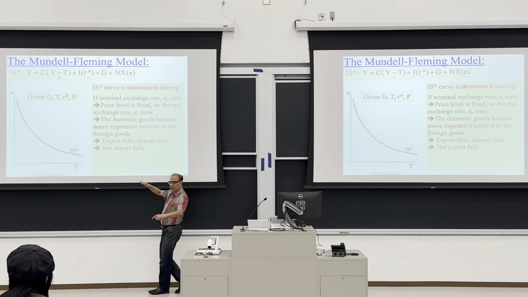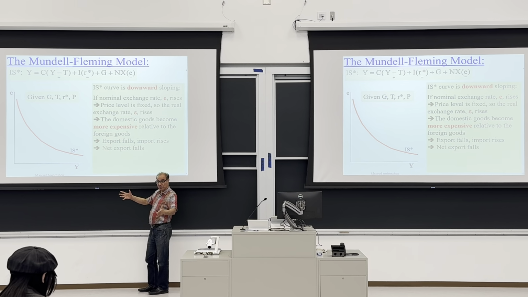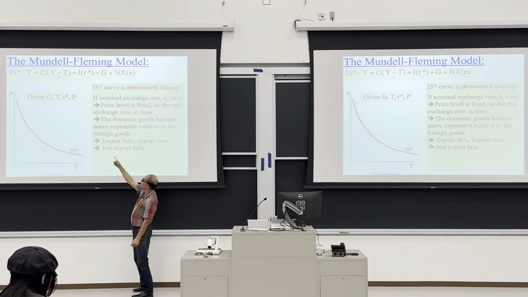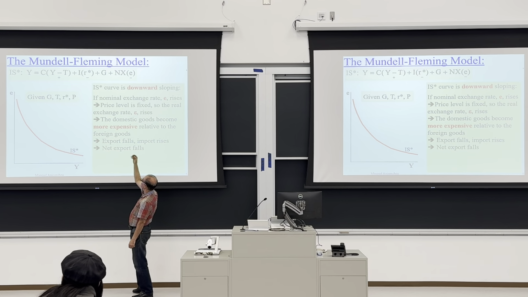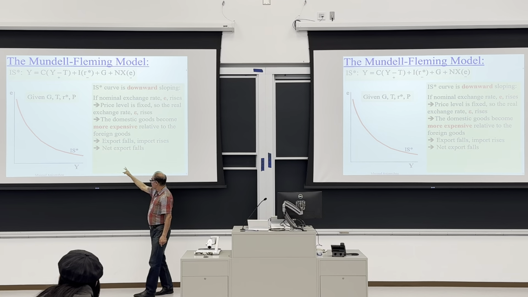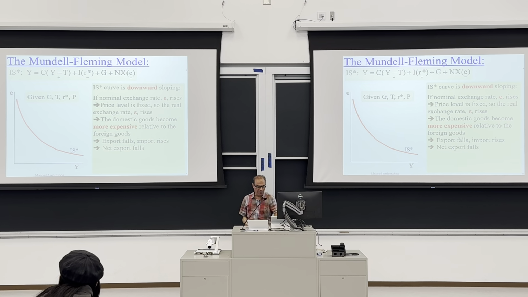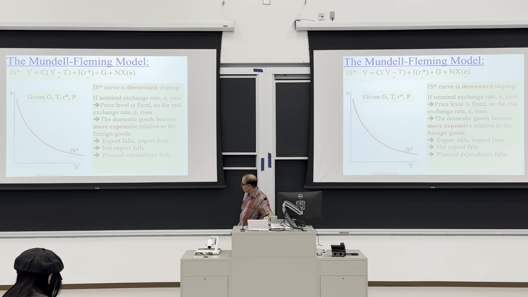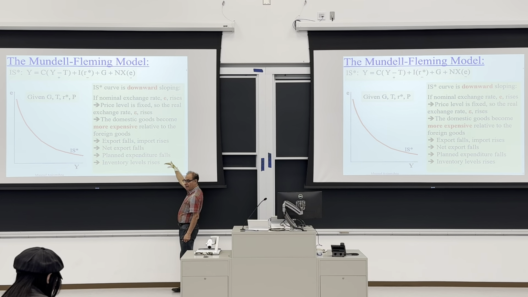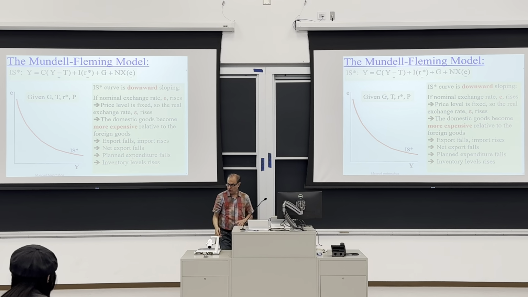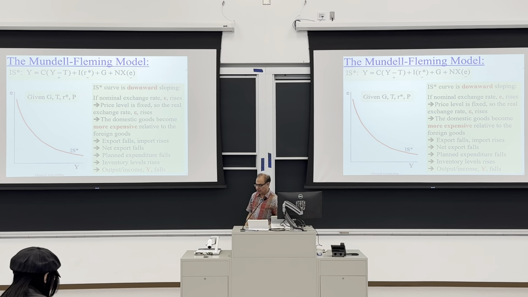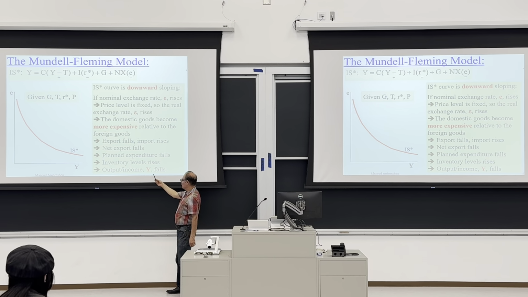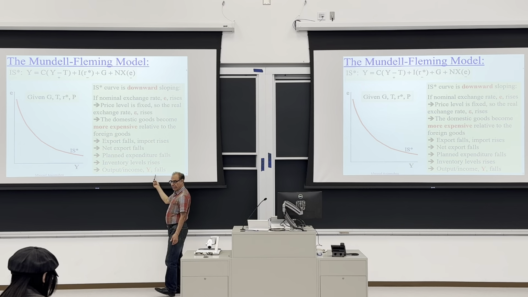But look, this is for foreign. Listen, this is open economy. Net export is part of planned expenditure. You remember that? C plus I plus G plus net export. So planned expenditure falls. So inventories rise. And then remember, it takes time until finally output falls, income falls.